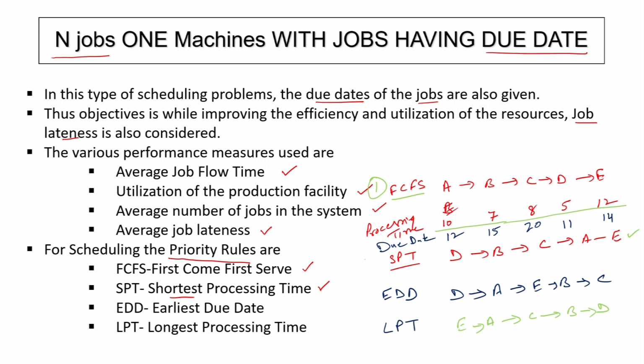But to reduce the number of persons in the system, I can follow the shortest processing time, and to avoid the number of delayed jobs, earliest due date is also a good priority rule to sequence the jobs in a given system. But obviously, we will study all four methods in this particular session.